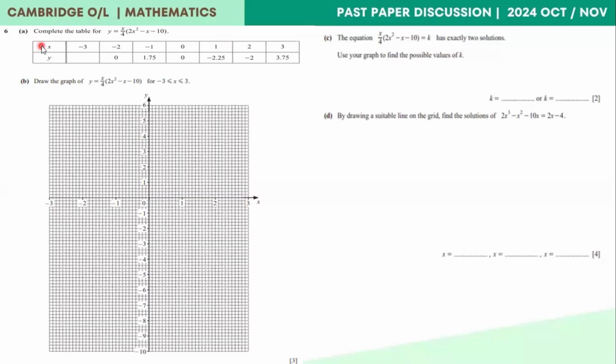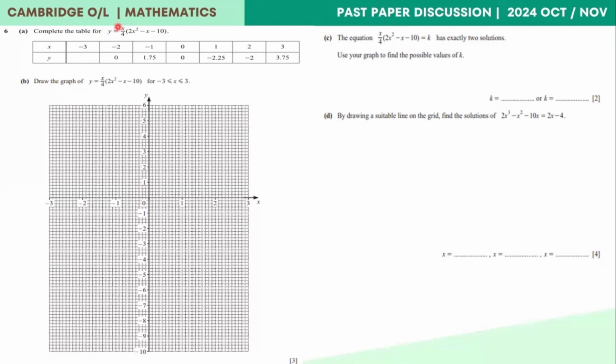The sixth question, complete the table for y equal x over 4 bracket 2x square minus x minus 10. So we have all the values from minus 2 to 3. We have to find the value for x equal minus 3. So we have to just substitute this into this equation and find.